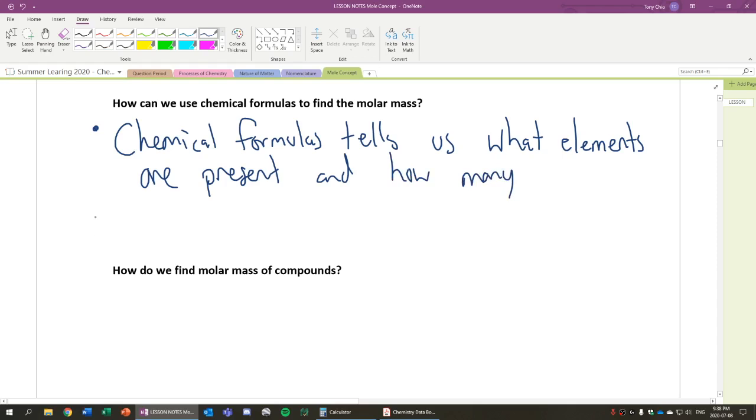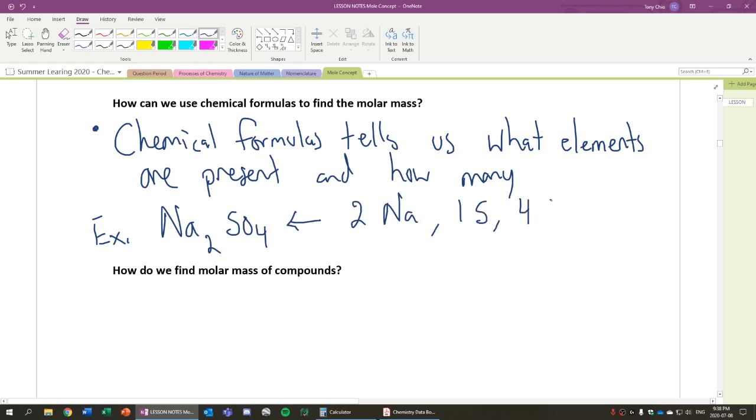For example, if we look at Na2SO4, this tells us we have 2 sodiums, 1 sulfur, and 4 oxygens. Okay, so that's what it tells us right there.